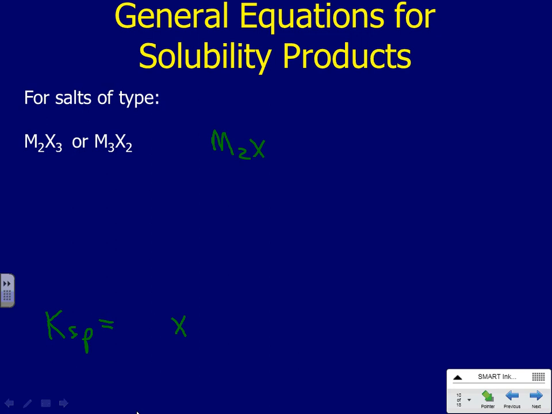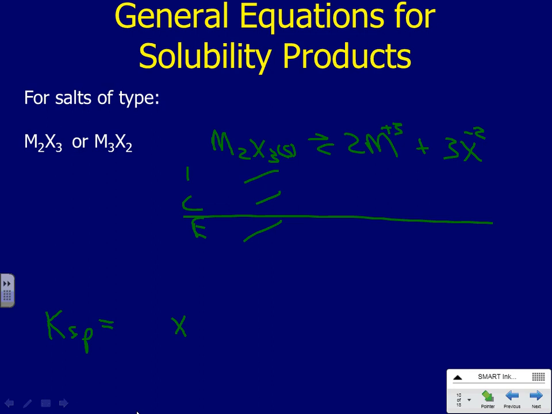Okay, M2X3 solid, 2M and 3X. This has got to be a +3, and this has got to be like a -2 or something because it's got to cross over. It doesn't matter. 0, 0, 2X, 3X.